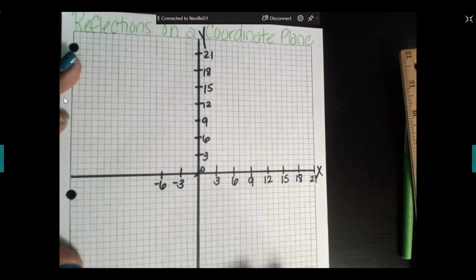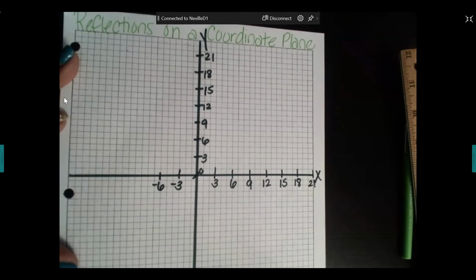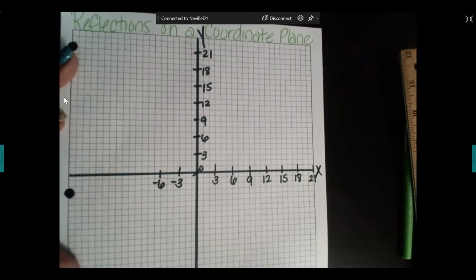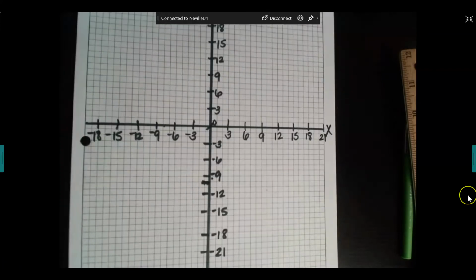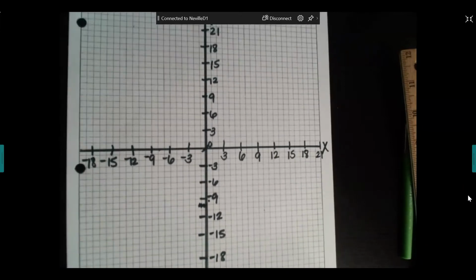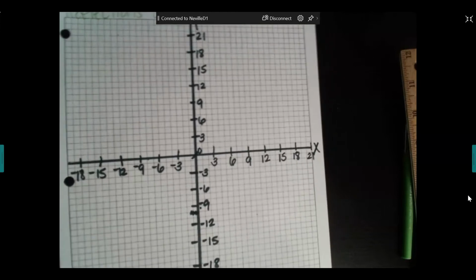Now, Miss Neville's using a marker so you can see this, but I would highly suggest that you use a pencil. Just in case we make some mistakes, we're able to erase it. Let's go ahead and get the rest of our axes labeled. All right, so we should have our coordinate plane correctly labeled, okay?